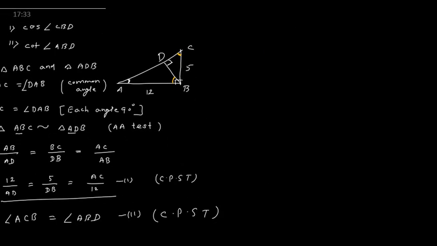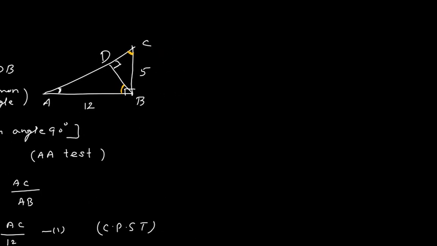Now let us consider triangle ADB and triangle BDC. Since angle B equals angle C, I write BDC. While naming the triangles, you should make proper correspondence.